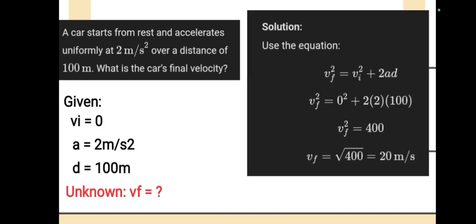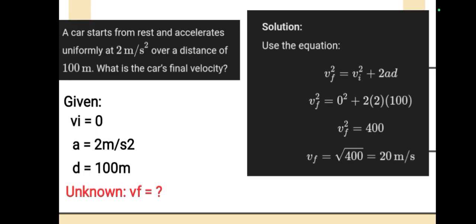For our solution, using the formula Vf squared equals Vi squared plus 2ad, next I will change the variable or the symbol with actual numbers. Vf squared is unknown, that's why Vf squared is retained there.